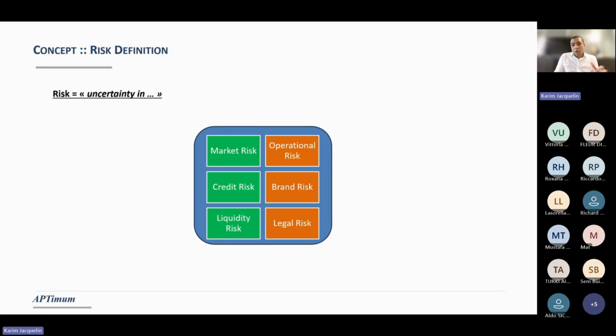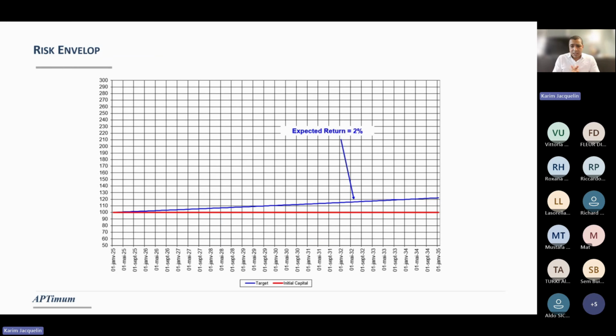So there is a reward to bear market risk, credit risk, and liquidity risk. And just to illustrate this, I would use this simple graph. So let's say that you invest $100 or 100 euros at the beginning of the period, and that you invested in risk-free assets, meaning that you don't have any uncertainty on the future value of these assets.